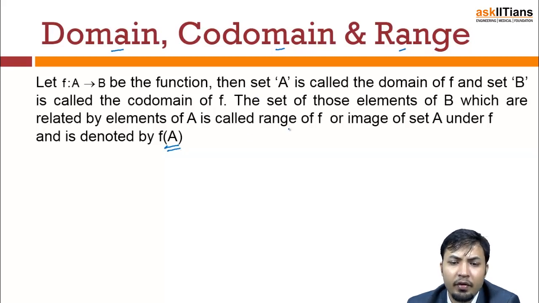So basically the inputs are what define the domain, the outputs based on those inputs define the codomain, okay, and the set of all those elements of B which are related by the elements of A is called the range. Okay, so that is all about the domain and range.